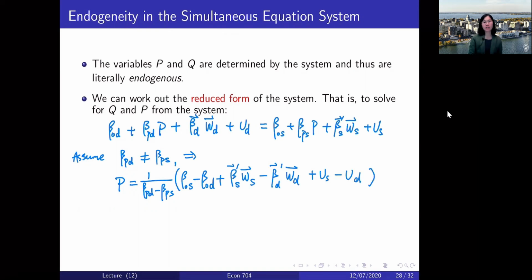So you see, this is how you solve for P. You write P as a function of the demand and supply shifters.